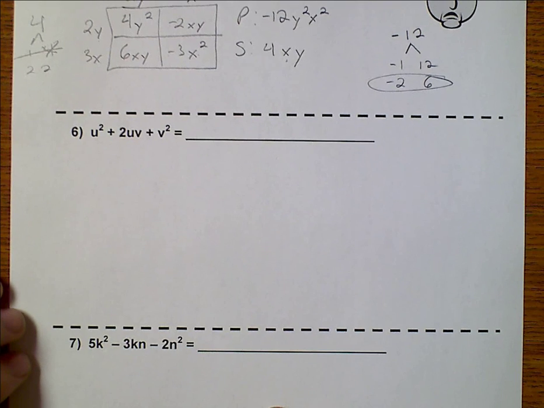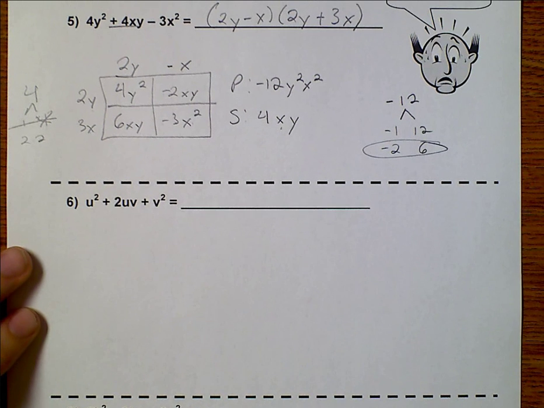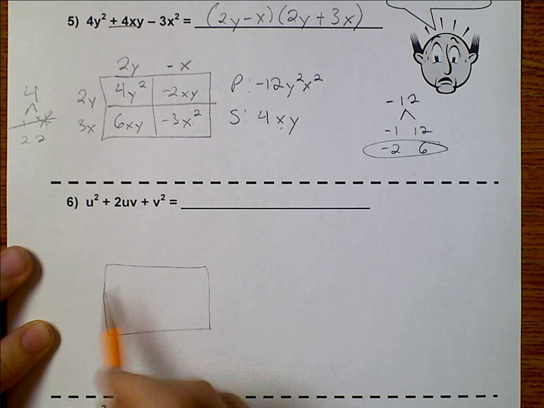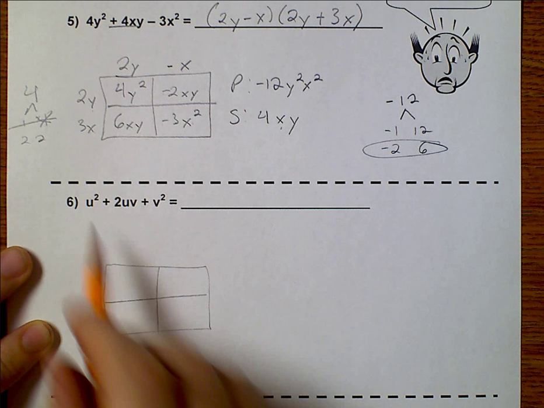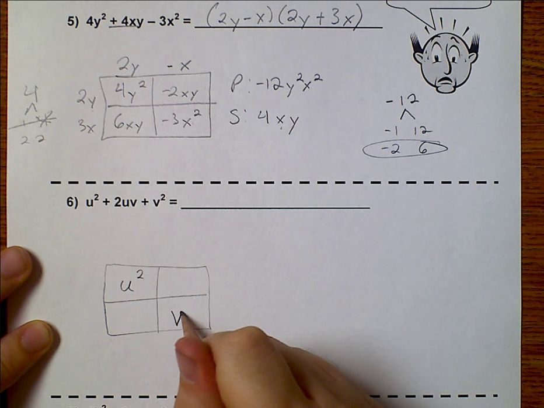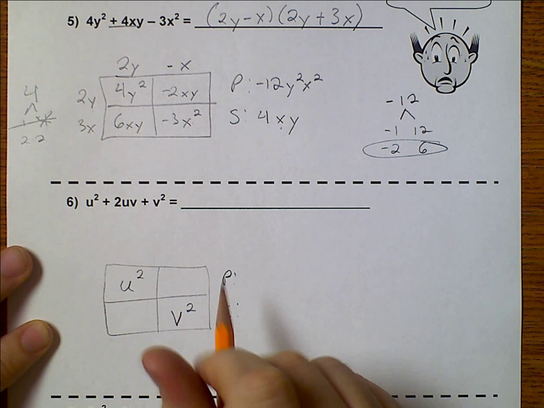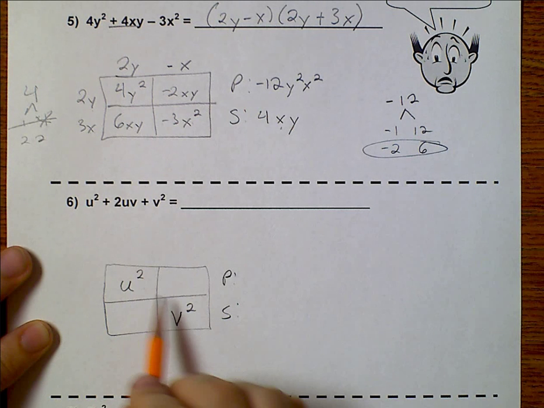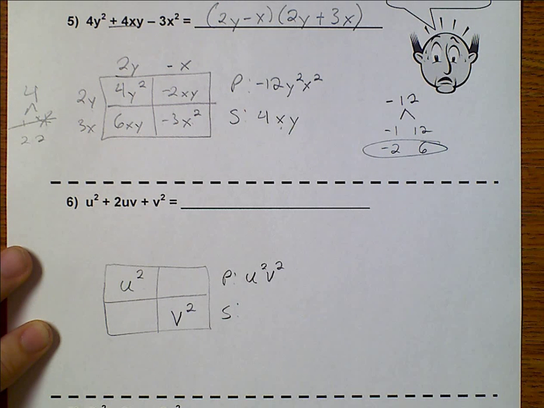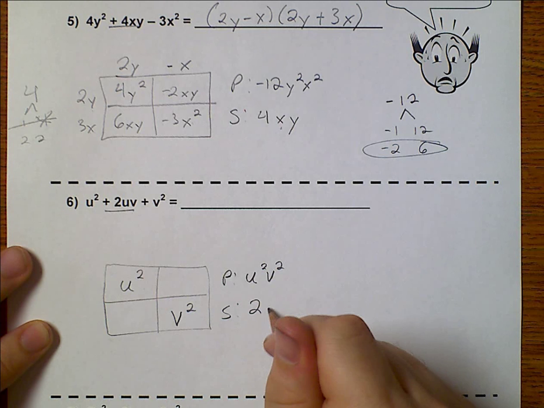Let's go ahead and take a look at number 6. Do my box. U squared, V squared, my product and my sum. Well, U squared, V squared is my product, and my sum is 2UV.